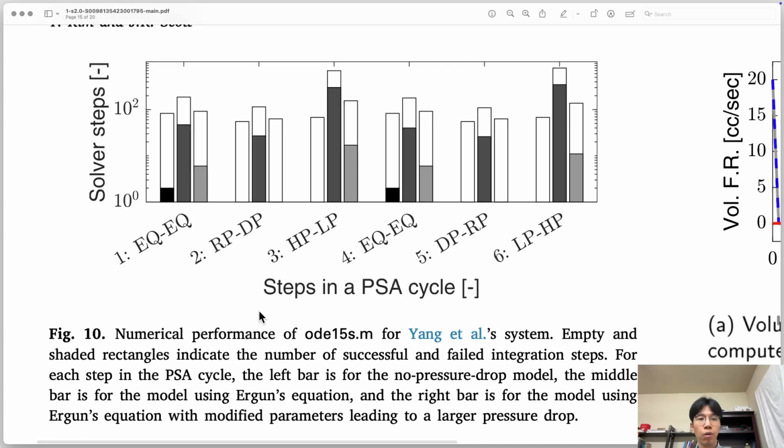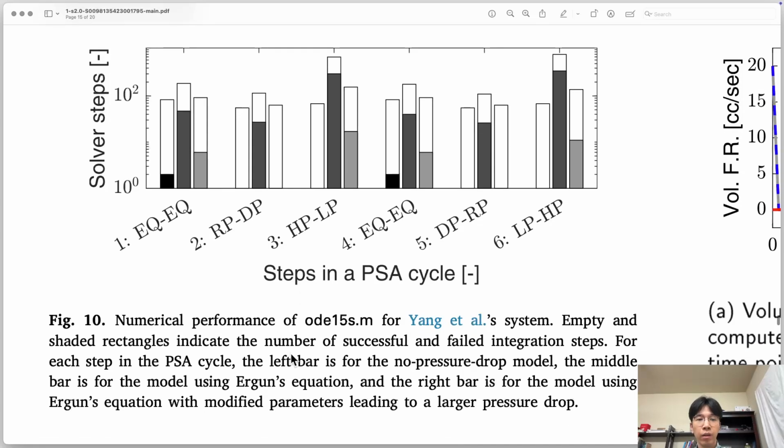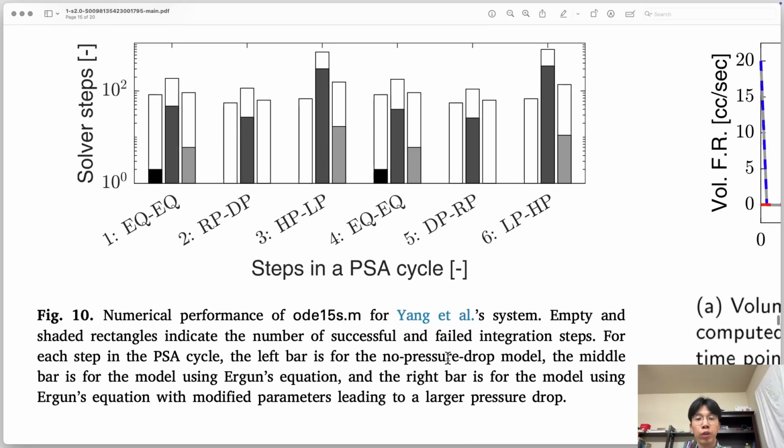You can see from the caption that for each PSA cycle step: equalization, repressurization, depressurization, high pressure, low pressure, and so on. It's a clustered bar graph. So basically, the left bar is the no pressure drop model. The middle bar is the model using the Ergun equation, the momentum balance equation, and the right bar is the model using the Ergun equation with modified parameters leading to larger pressure drop.